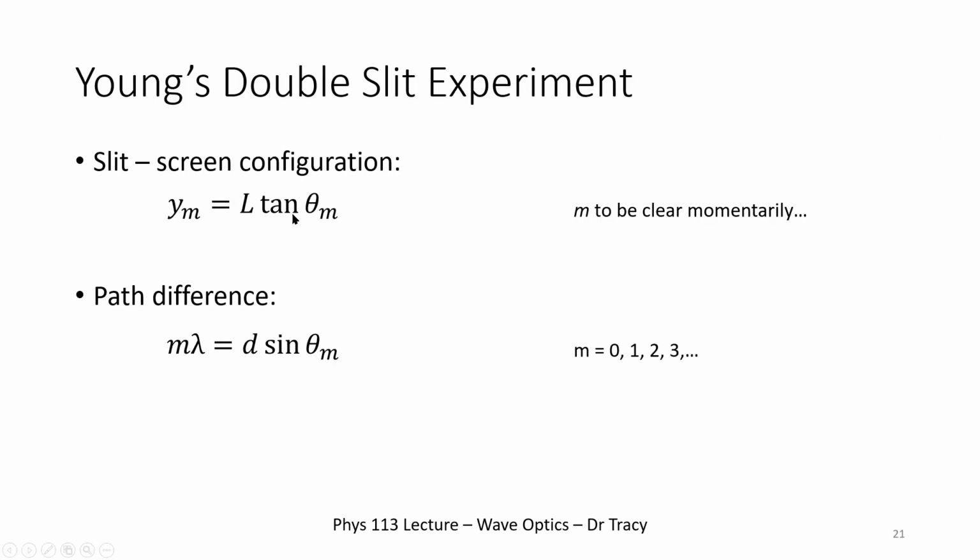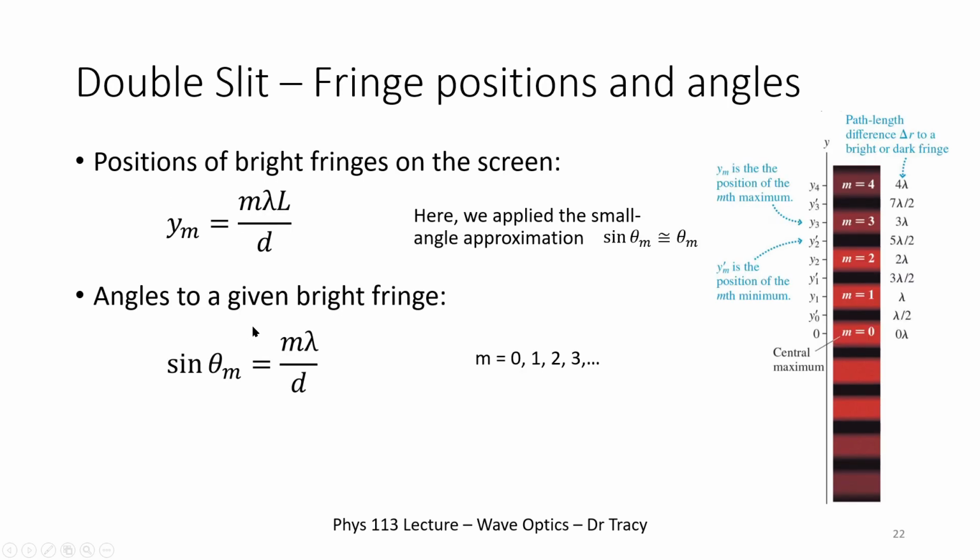So we combine the approximate sine theta to replace this, and it gives you y sub m, your distance, in terms of which order maximum, m, lambda, which is the wavelength of the laser or the light source, L, the distance from the screen, and d, the small distance between those two slits. Again, L is going to be the larger value of the set of numbers in a problem, for example.